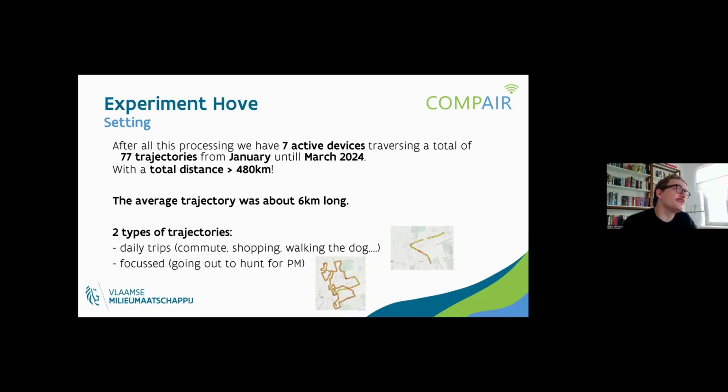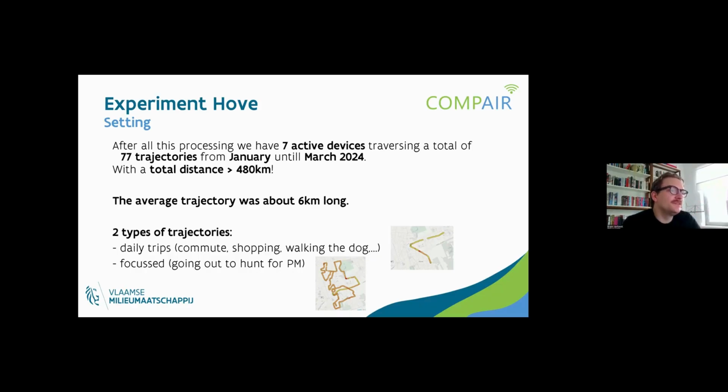The average trajectory is about 6 kilometers long, and the trajectories could be split up into 2 types. The daily trips, which are people's commute, people going to the shops, people walking the dog. You could really tell there were one-way trajectories because then they got stationary and the trajectories were truncated by the algorithm, and they were daily or very regular.